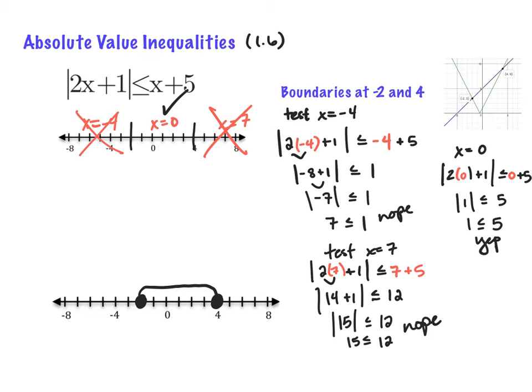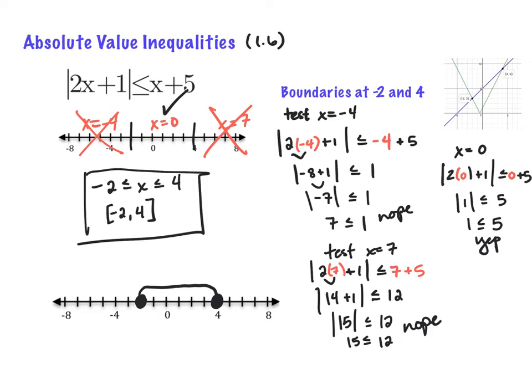So this can be written as a single inequality, a compound inequality, and as a single interval. In the compound inequality form, we've got -2 is less than or equal to x, which is less than or equal to 4. In interval form, we have a bracket, -2 is our lower boundary, 4 is our upper boundary, and we close that bracket. So those are our answers to the absolute value.